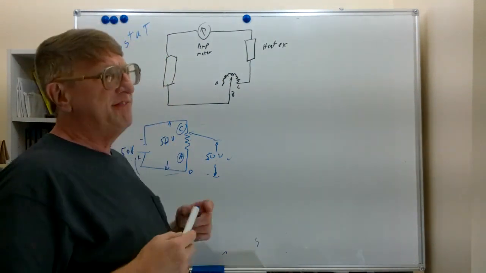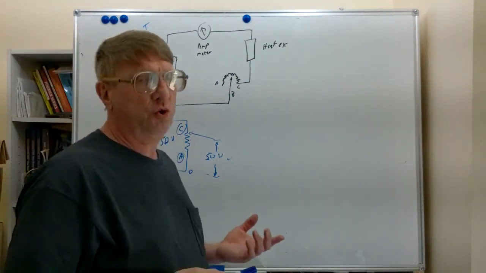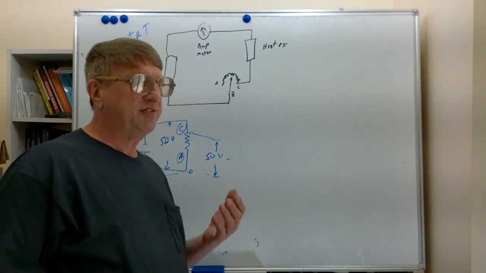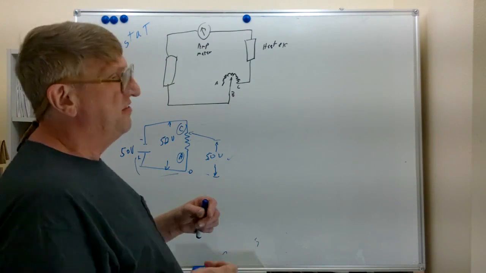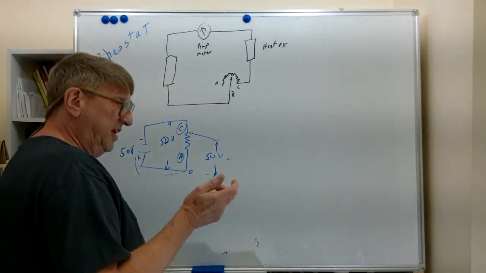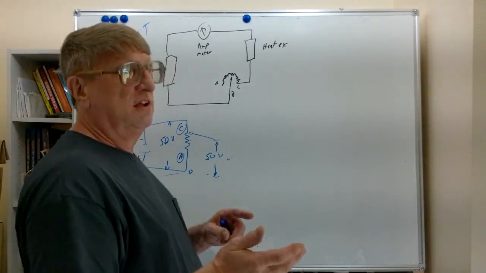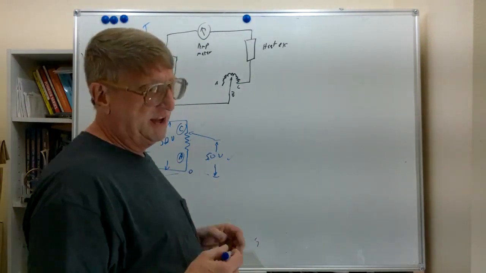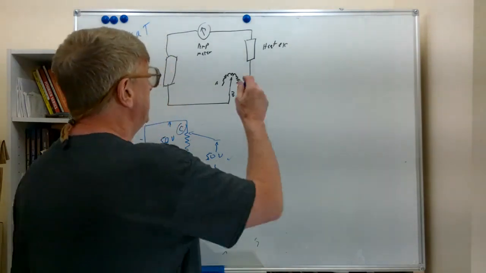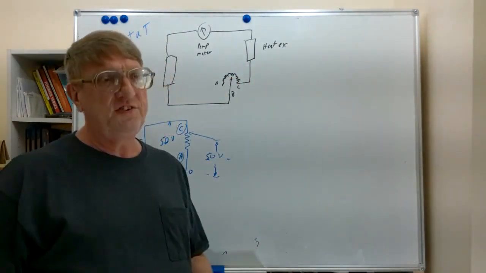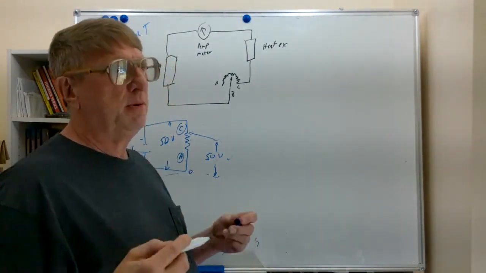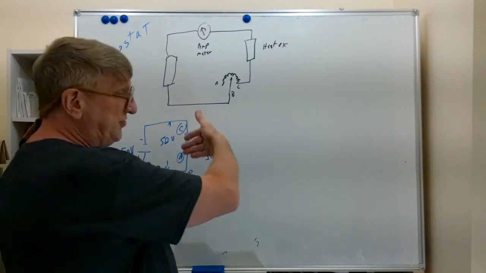But maybe we have a tone control in an amplifier, which is a combination of a capacitor and a resistor, and we want to vary the tone from high to low by adjusting the resistance of this little network. There's not a lot of current through this tone control, so we don't need this big heavy-duty wire wound resistor, but we're still using it like a variable resistor instead of like a voltage divider.